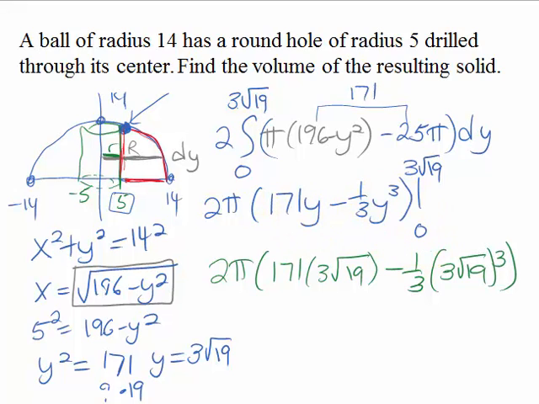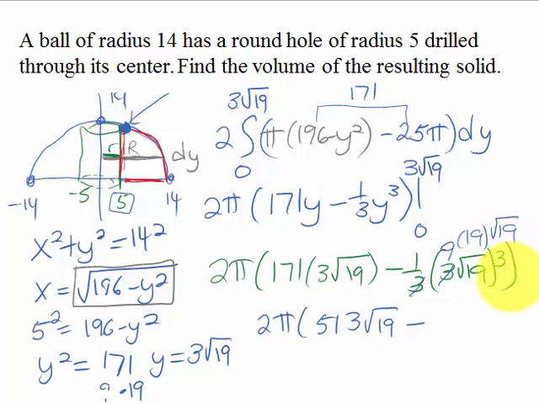So let's see what we can do to simplify this, and we'll have the volume. So we have 2 pi times, this is 171 times 3, so that's 513 square roots of 19 minus, over here this 3 will cancel with one of these 3's that gets cubed and leave me a 9 there, but the square root of 19 will get cubed, so it'll leave me a 19 because it'll be 19 squared, and then another square root of 19.